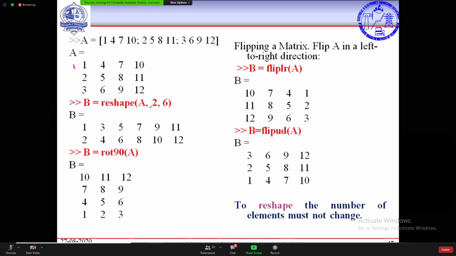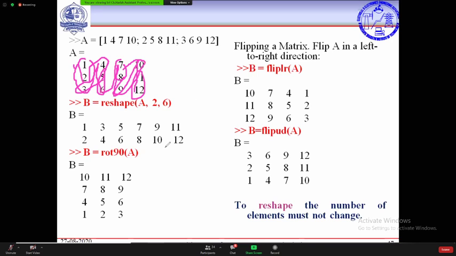So when you reshape into 2 rows and 6 columns, 1 2 is the first column, next 3 4 is the second column, 5 6 is the third column, similarly 7 8, afterwards 9 10, then 11 12. It follows these addresses. Is it clear?